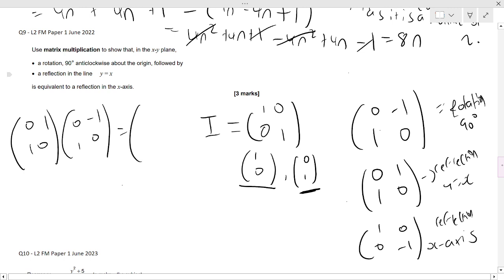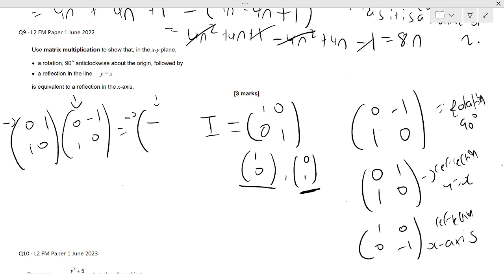And then we apply the matrix multiplication. For the entry in the first row and first column, we want the first row of the first matrix times the first column of the second.